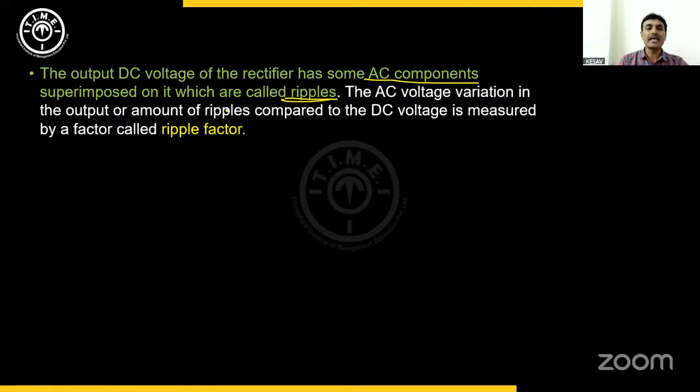The AC voltage variation in an output, or amount of ripples compared to the DC voltage, is expressed in terms of a ripple factor. Then how to get rid of this AC component in the output? Output has to be DC perfectly, but there will be small components of AC. If you want to remove that AC, we need to connect a capacitor in the output circuit. Capacitor acts as AC filter. So by connecting a capacitor in the output circuit, that AC component can be removed.